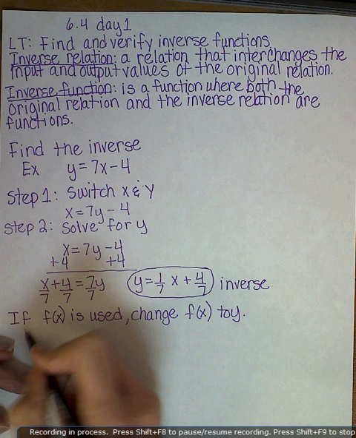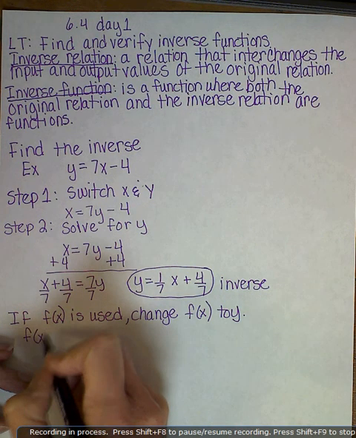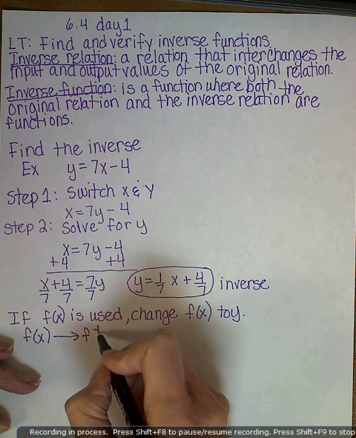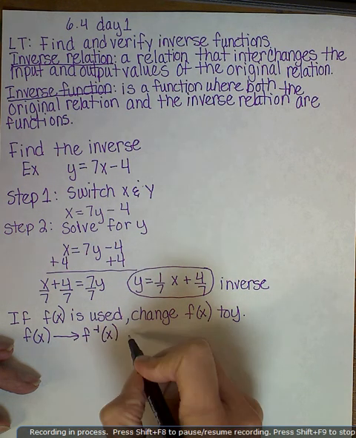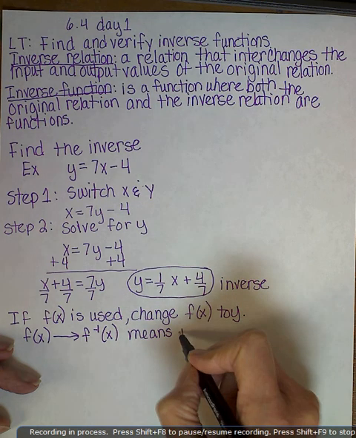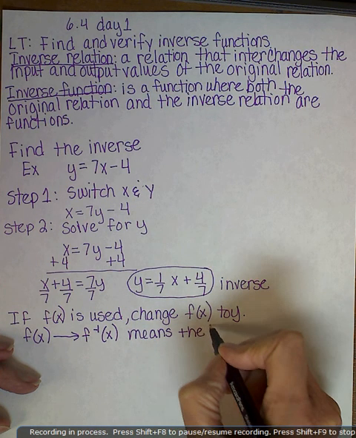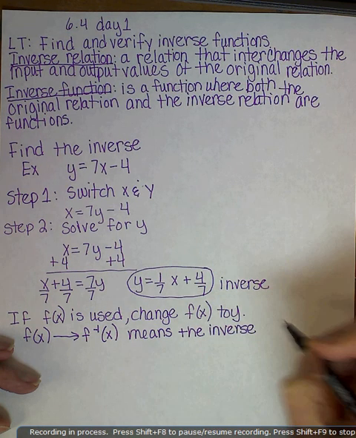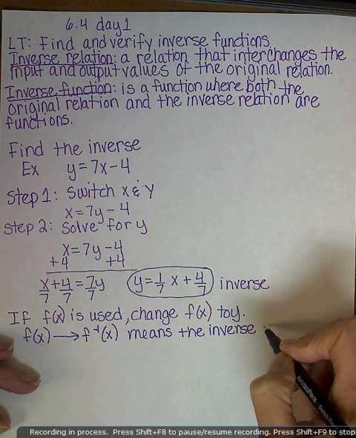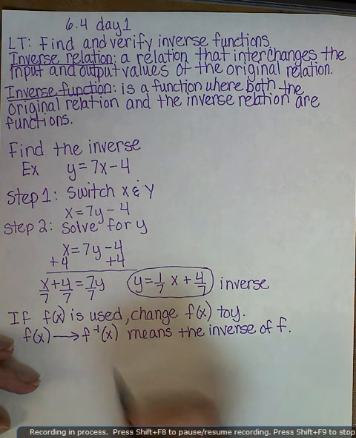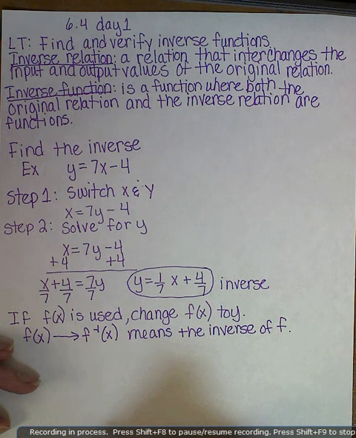Now, if you use f of x, the inverse is written like this with the little -1 there, and that means the inverse of f. It's not a math operation at all, it's just a definition. It means the inverse of f. Okay, so if you see that notation, that's what it means.